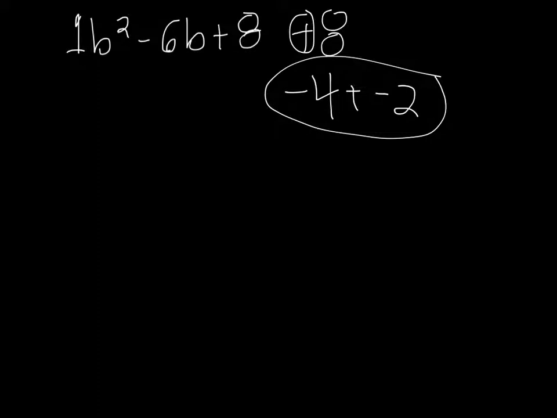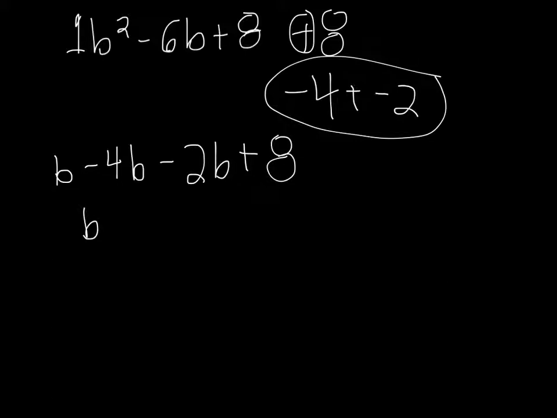Is it b? You would do b squared minus 4b minus 2b plus 8. And then you group them, and you can take out a b from the first.